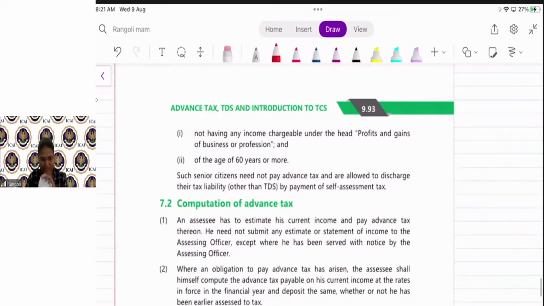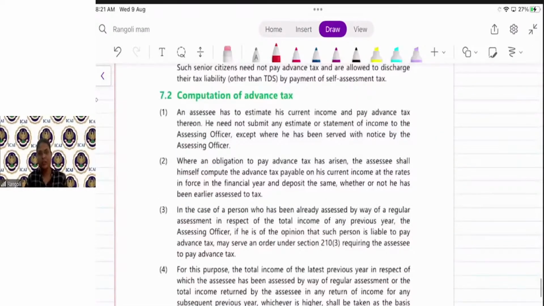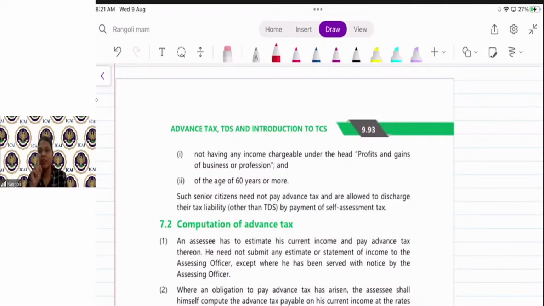Clear? So in case of a senior citizen, the condition is they should not have income chargeable under the head PGBP and the age is 60 years or more during the previous year. Then in that case, the senior citizen is not required to pay advance tax.